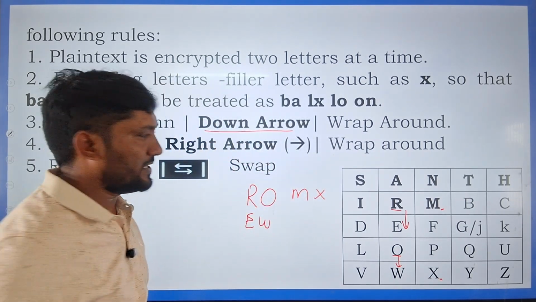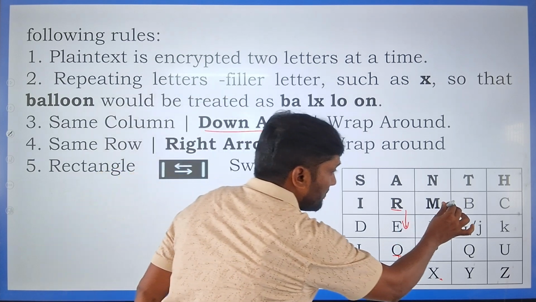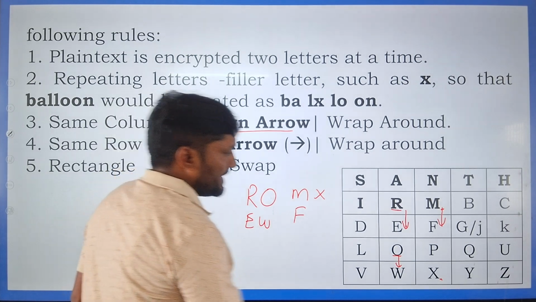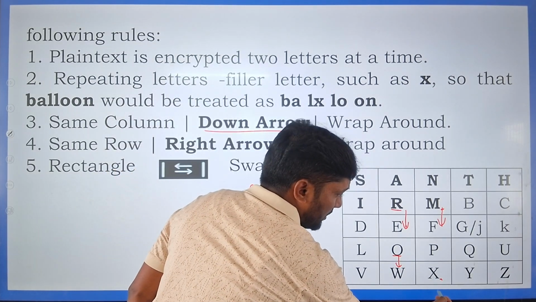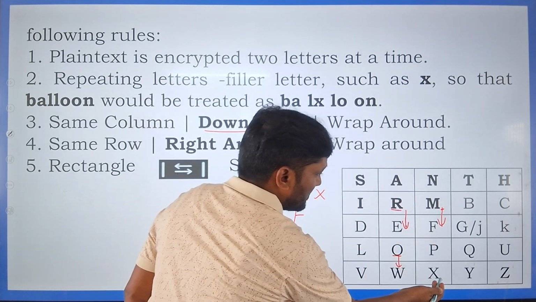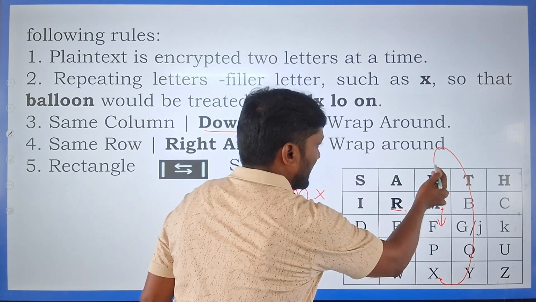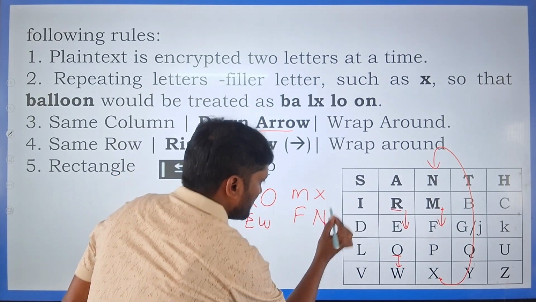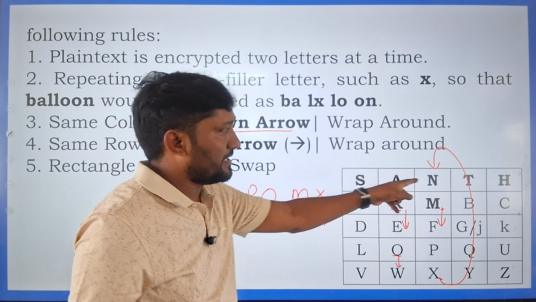Then what is the ciphertext? What is the down letter for M? That is F. What is the down letter to X? There is no down letter. If there is no down letter, we take the wrap around, that means we take the next line. That is N. The ciphertext for X is N.